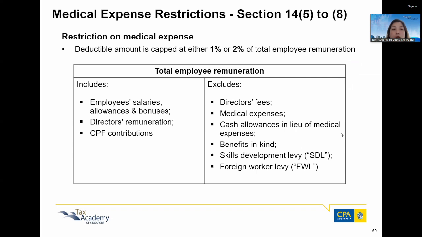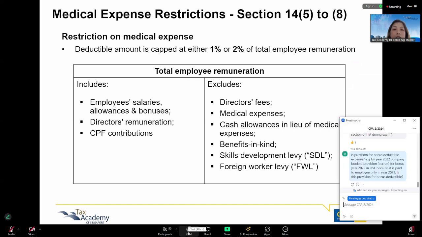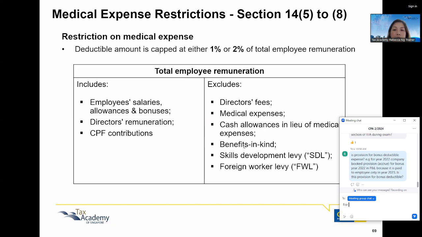But do note that for the purpose of computing the medical expenses restriction, only include employee salary, allowance, bonus, director's remuneration, and CPF contribution, and multiply by 1% or 2%, and that's the amount of medical expenses that is allowable for deduction. Okay, any excess of the medical expenses over the 1 or 2% is not allowable for deduction and has to be added back.